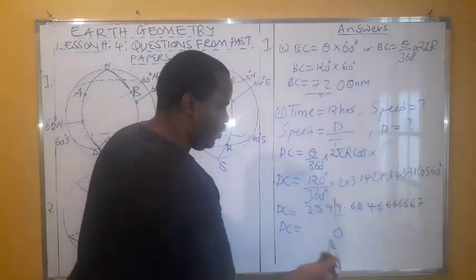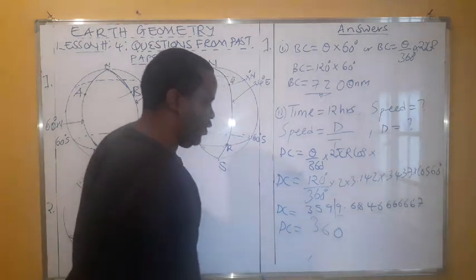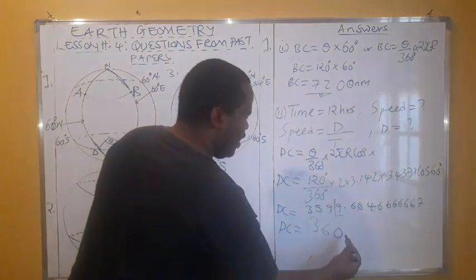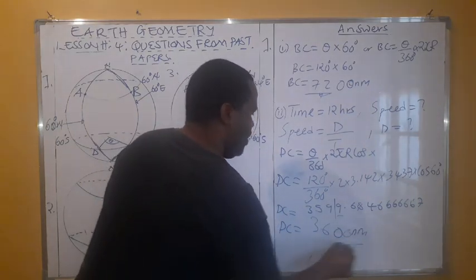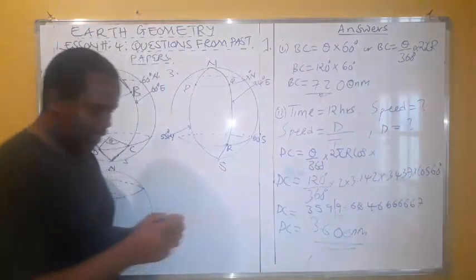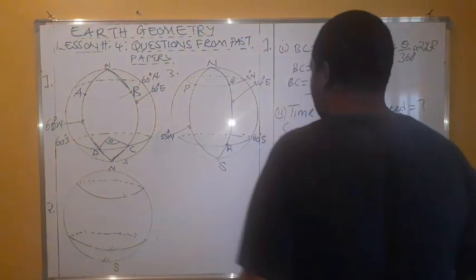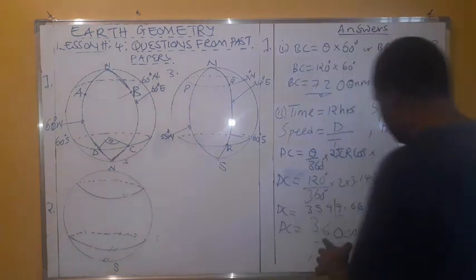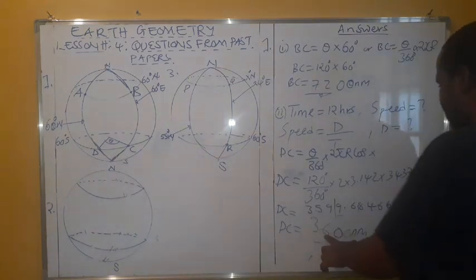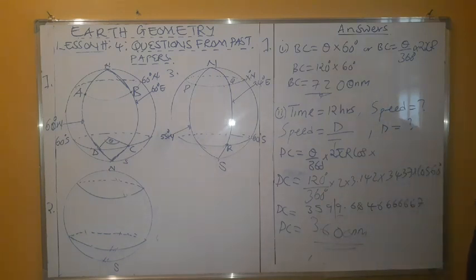Then you have got this in nautical miles. I'm sure if we were to use the other approach, you arrive at that, even without rounding off. So the distance between C and D is 3,600 nautical miles. That is the distance.